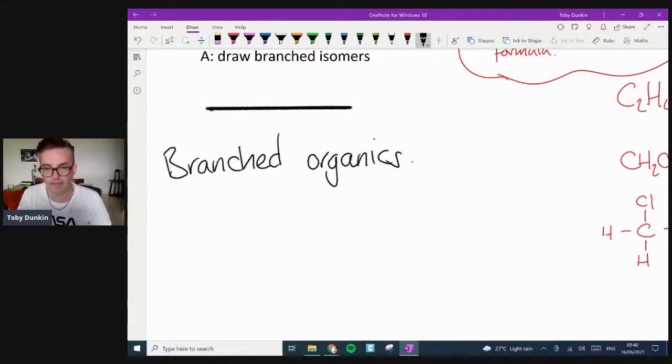Okay, so one of the things that we've been heavily focusing on throughout this entire process is the stem of the name, the longest chain.